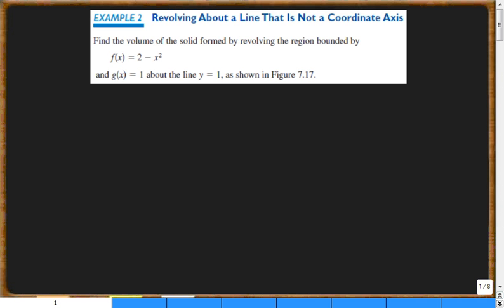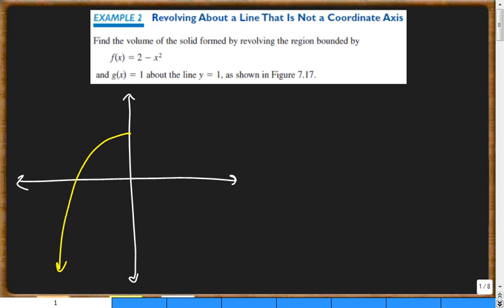So the first thing that you need to do is really understand, you need a picture of a diagram of the problem that you're trying to figure out. So we're going to draw this out really quick. So 2 minus x squared, that is going to be a graph that's upside down.